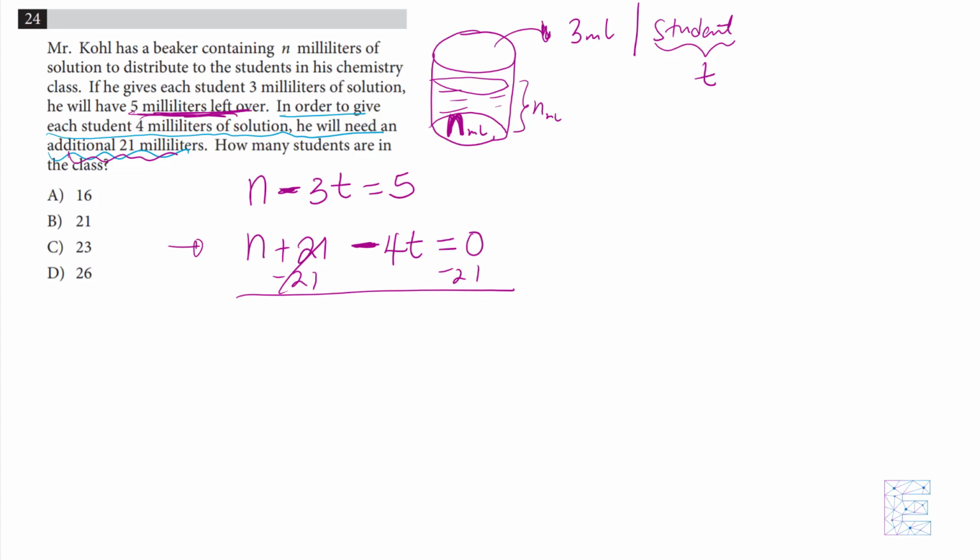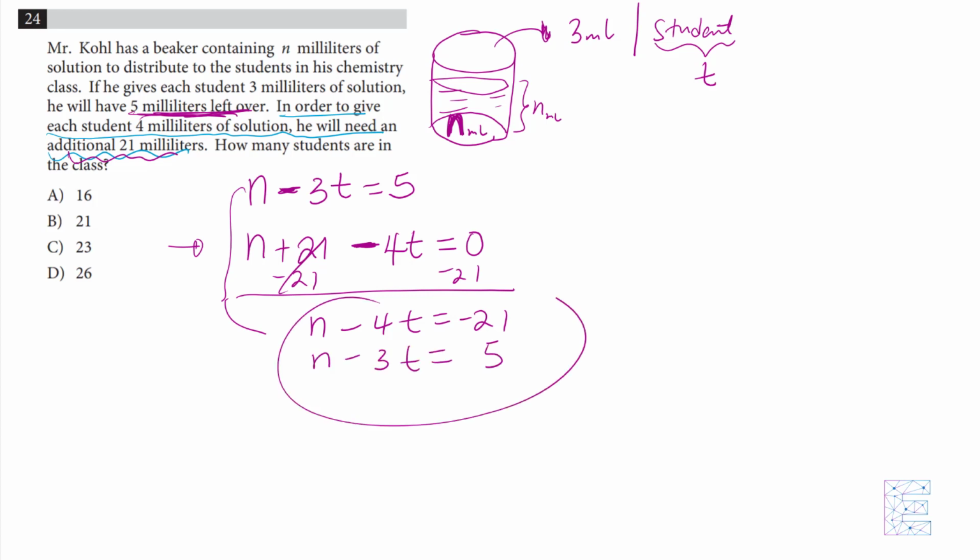Those cancel. So we have n minus 4t equals negative 21. That's our one equation. Let's bring this equation down to here. We now have n minus 3t equals 5. And this is our system that we just need to solve using the elimination method.